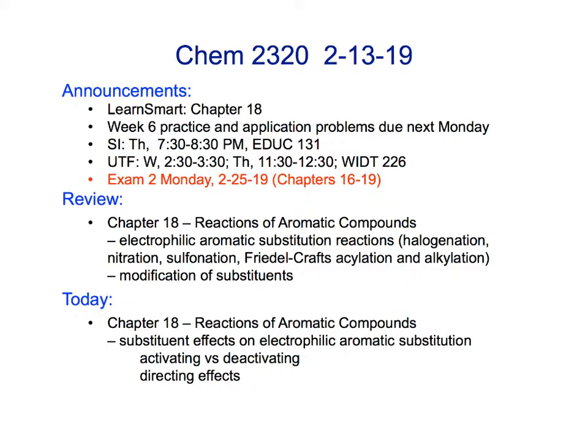Okay, thank you. Okay, so we are in chapter 18. We have just learned first about a series of electrophilic substitution reactions. We then spent time on Monday talking about reactions that we could use to modify substituents once we put them on the ring.